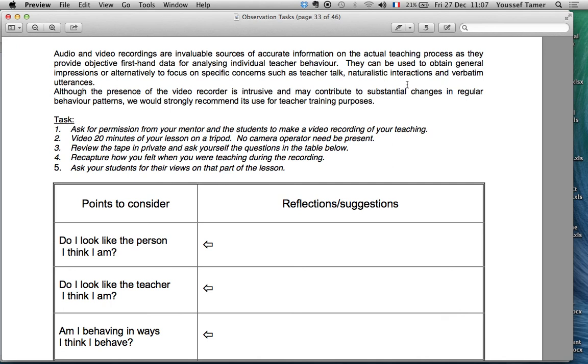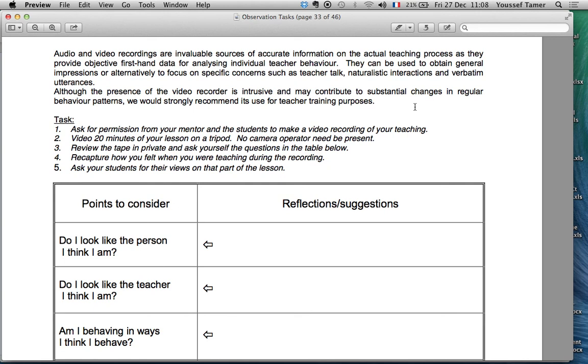Naturalistic interactions and verbatim utterances. Although the presence of the video recorder is intrusive, yes, and may contribute to substantial changes in regular behavior patterns, we would strongly recommend its use for teacher training purposes. And of course, if you do it with your friend with whom you are doing the training.